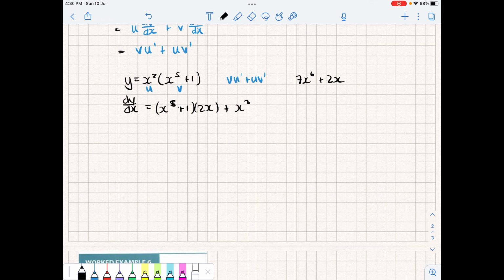So v is the inside, is in this bracket here, so its derivative will be 5x to the power of 4. So just expanding these out, we're going to get 2x to the power of 6 plus 2x plus 5x to the power of 6, which can simplify into 7x to the power of 6 plus 2x. So that's exactly the same as what we got using the power rule.